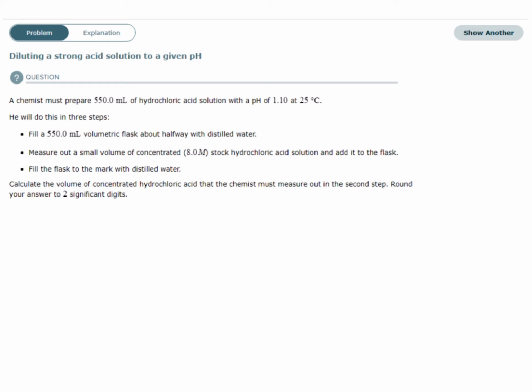The first thing I want to do is come up with a balanced chemical equation. So when I dissolve hydrochloric acid in water, I'm going to get H3O plus and Cl minus.